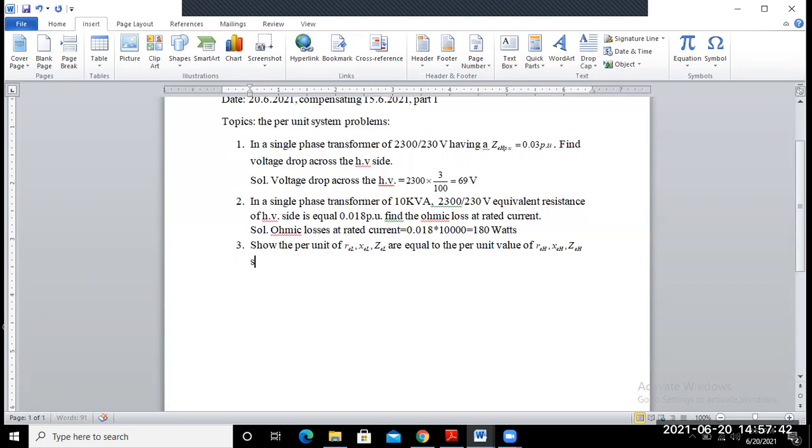So how can we prove it? Suppose we write R suffix EL in per unit.